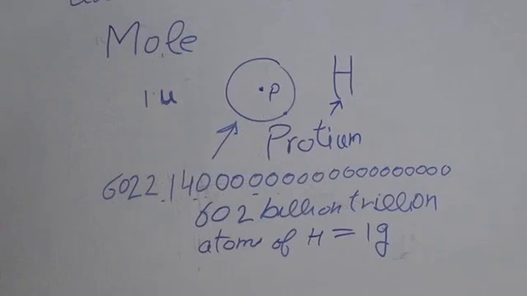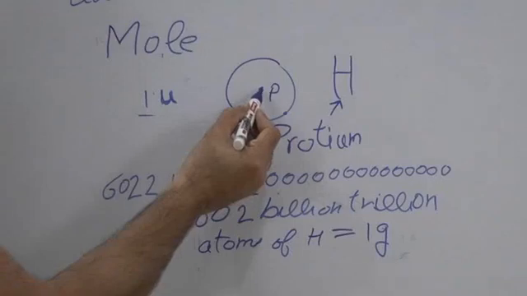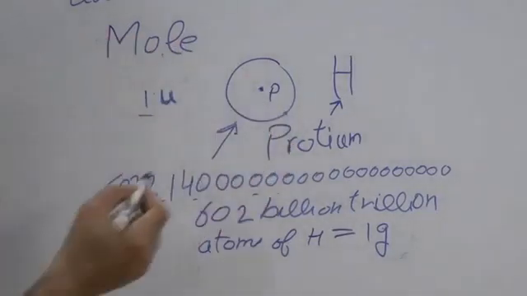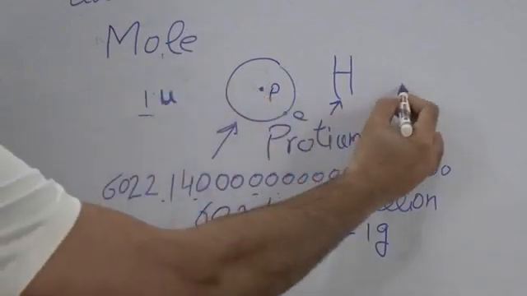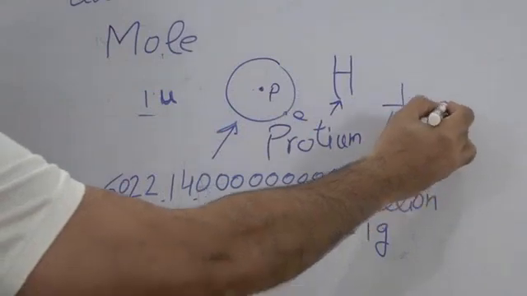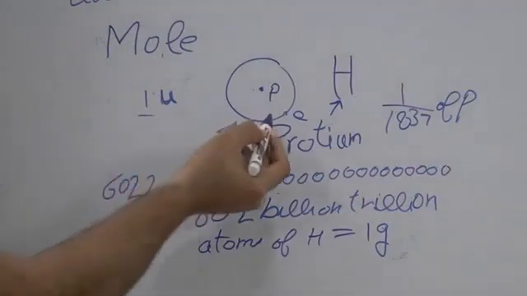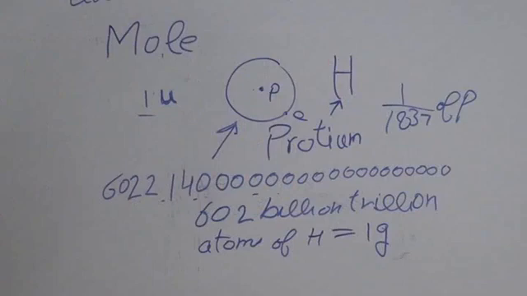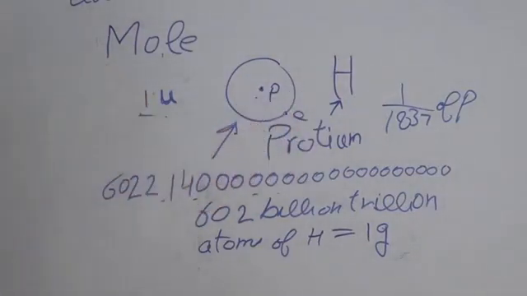Later on I will tell you what is exact. It contains 1 proton and 1 electron. The mass of an electron is very small, so for the time being we can neglect it. So the mass of one hydrogen atom is 1 U.